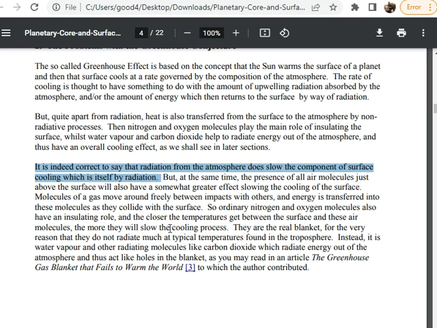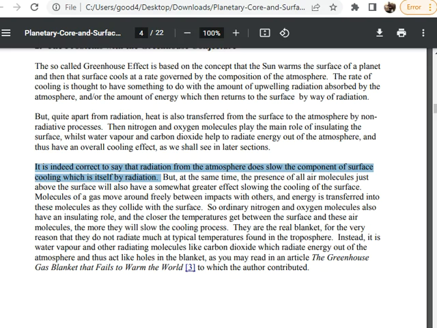Since it is indeed correct to say that radiation from the atmosphere does slow the component of surface cooling, which is itself by radiation. I'm like, okay, syntax error, cannot parse.